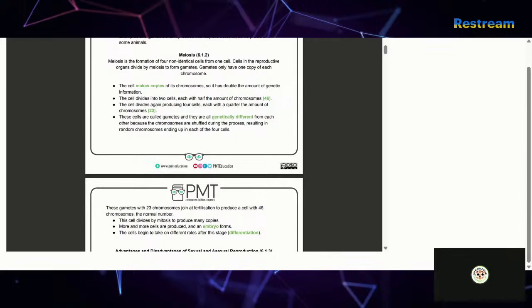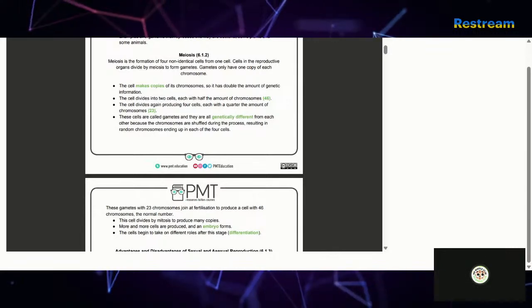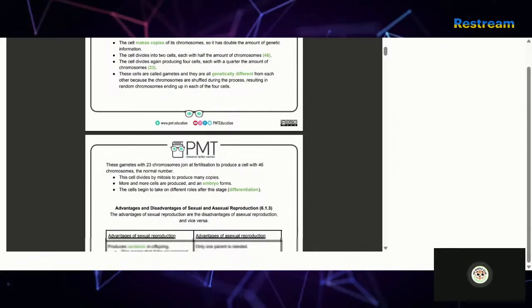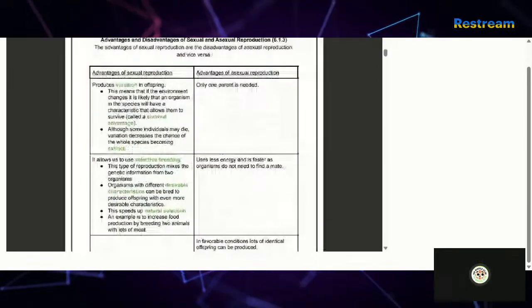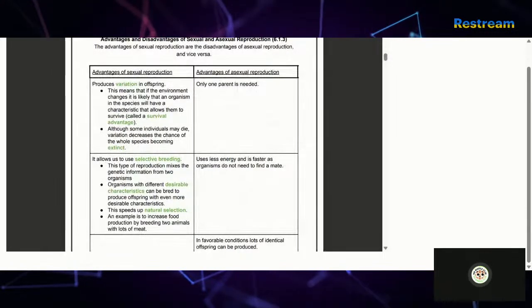Now, there are advantages and disadvantages for both sexual and asexual reproduction. You can see through this table here. The advantage of sexual reproduction is that there's variation, which could provide a survival advantage. Individuals may die, but it will prevent the whole species from becoming extinct. It allows selective breeding.